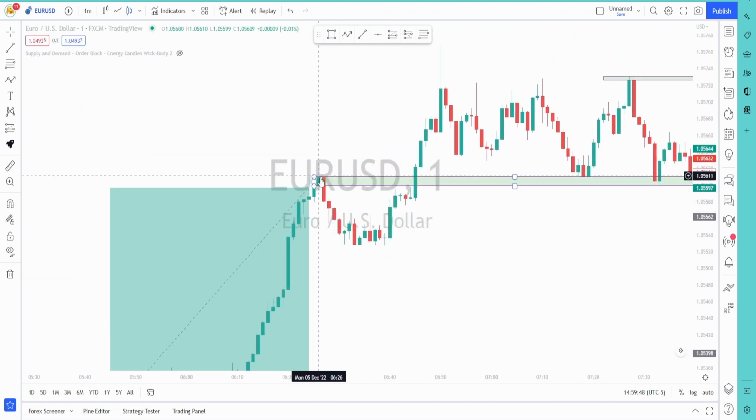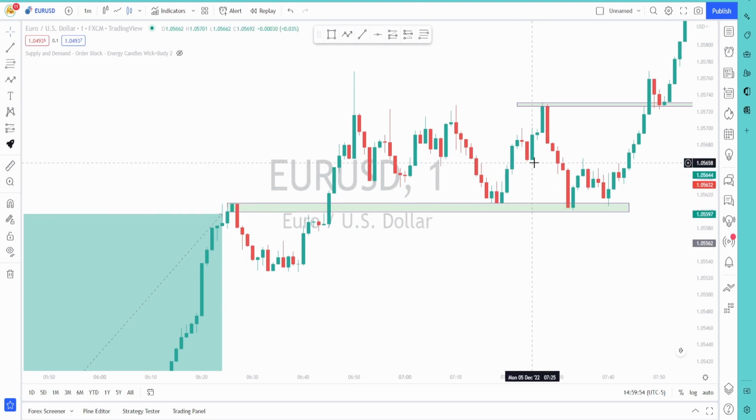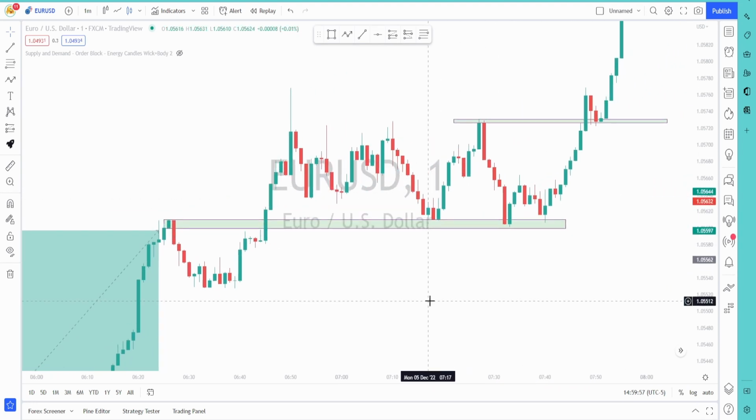You can see price comes down, pushes up. This area was retested multiple times, so if that's another way of you getting in on a trade, retests are definitely what we talk about on this channel. This was caught in a bit of a range here.